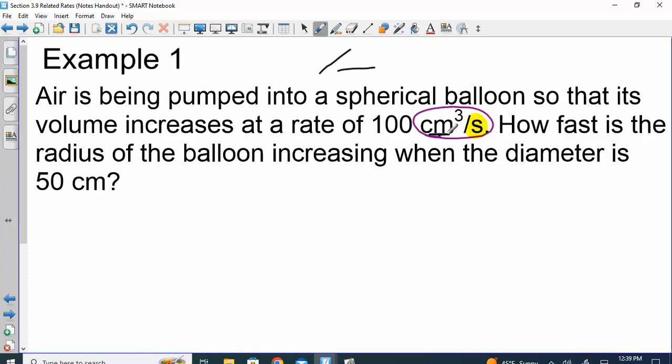Cubic centimeters is what? When do you get cubics? Volume. So this is talking about how the volume changes. So I'm going to call that dV/dt. It's increasing, so it's a positive 100.